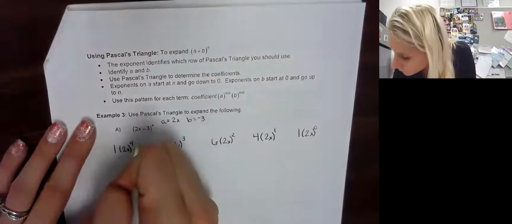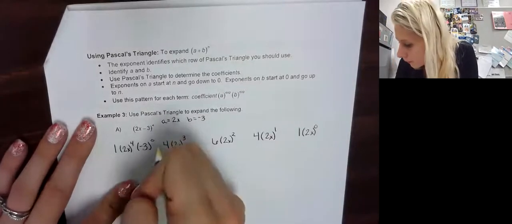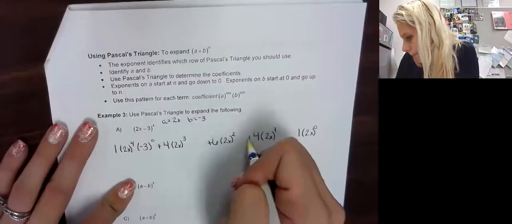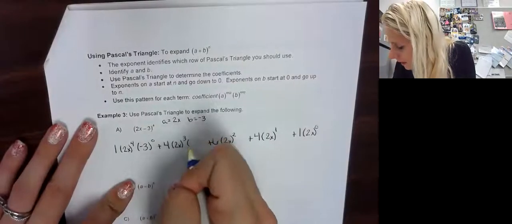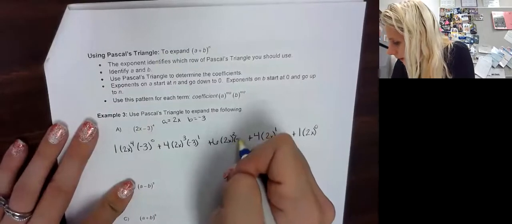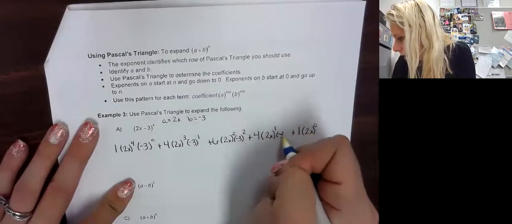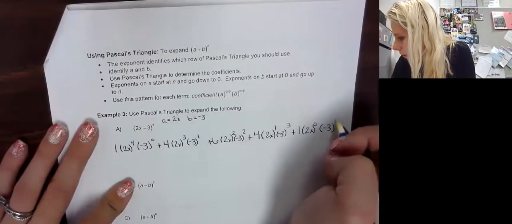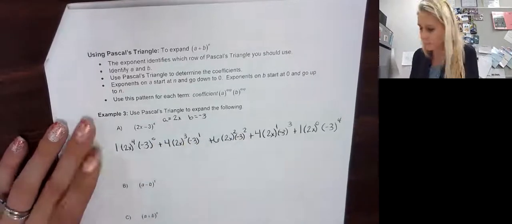Next is our b. I'm going to start at 0. Now, also with these coefficients, guys, automatically put a plus sign for now. Will it stay a plus sign? No, not necessarily. And you'll see it in this one. Because that now will be -3 to the first, -3 squared, -3 to the third, and -3 to the fourth. And as you can see, our exponents add up to 4.